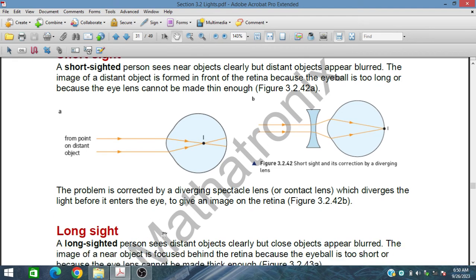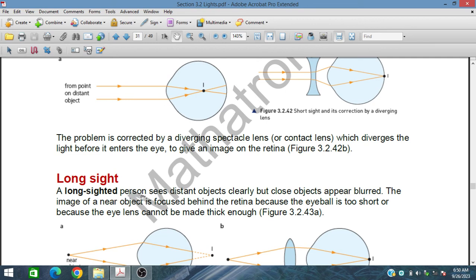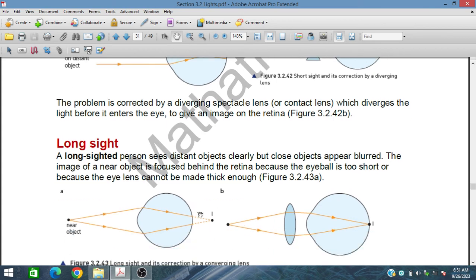Long sight. A long-sighted person sees distant objects clearly, but close objects appear blurred. The image of a near object is focused behind the retina. So here the image is formed here. For this we use a converging lens, so the image will be formed like this.